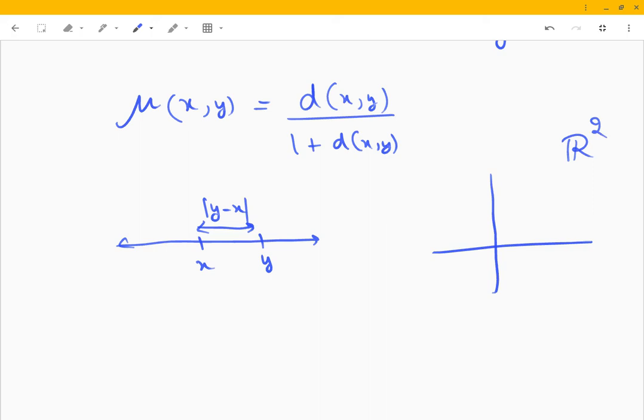If it is a two-dimensional space, what would be the distance between two points x and y? Did I make a mistake?